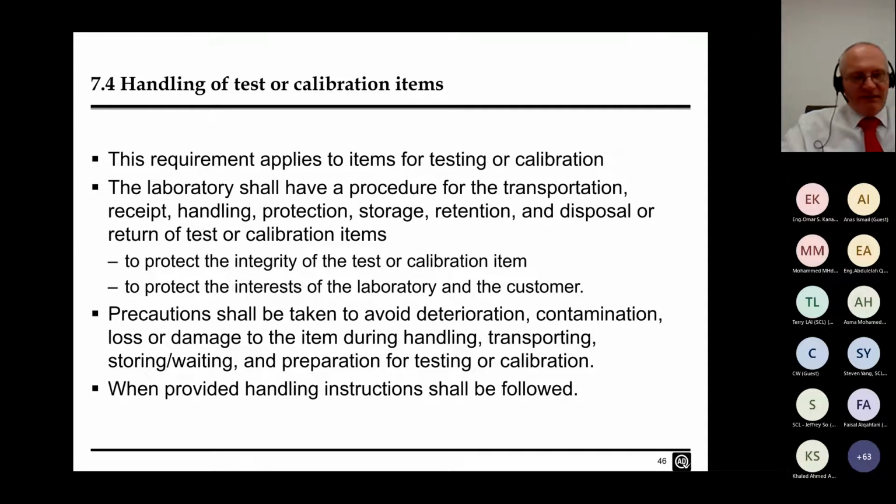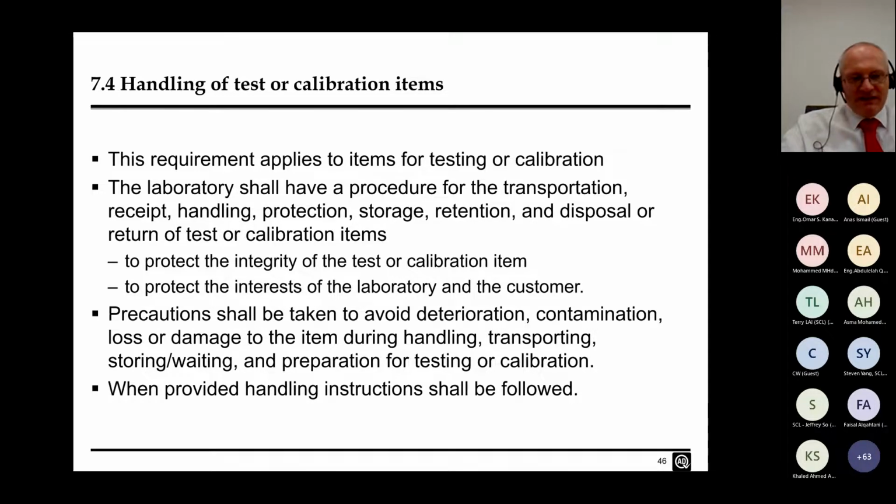Handling of test and calibration items. So anything that comes in for calibration, for testing, you need to have a procedure for the transportation, and if you arrange that, receipt, handling, protection, storage, retention, and disposal if necessary, or return of your test and calibration items. Why?